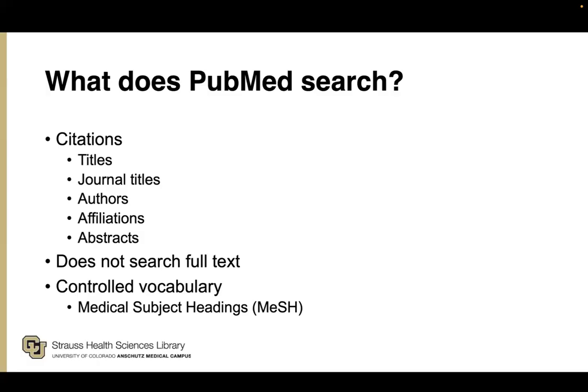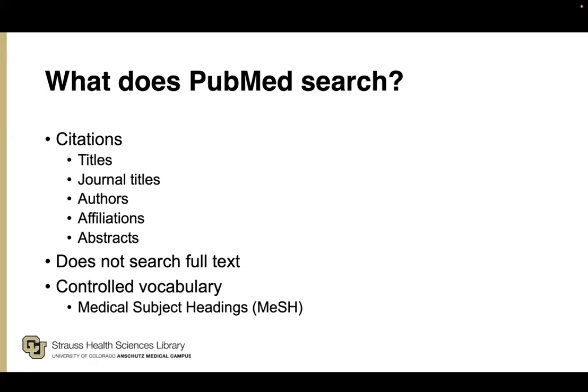These citation information fields include the title of an article, the journal title, so that's the title of the journal that published the article, the names of the authors of the article, and the affiliations of the authors. That means, where do they work?